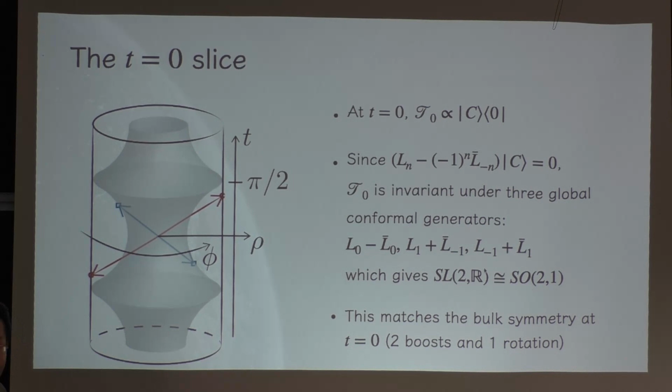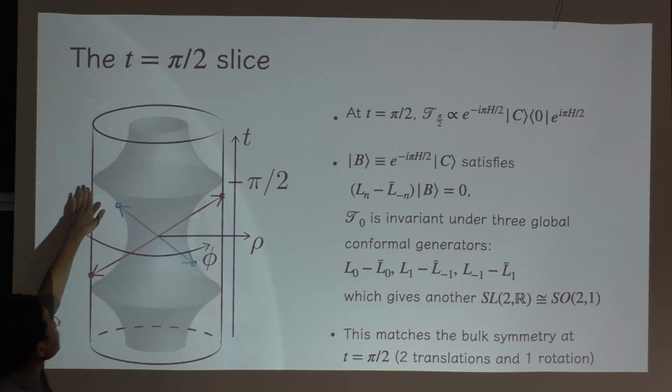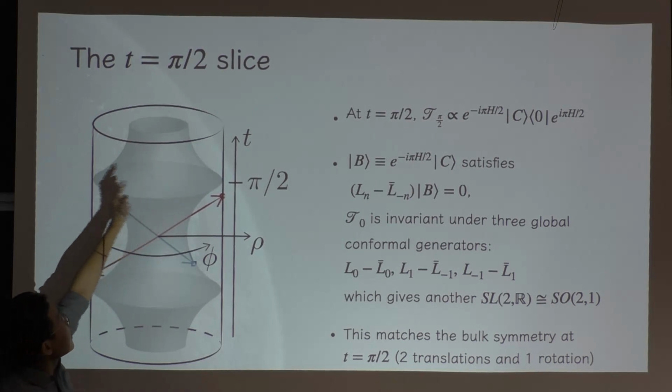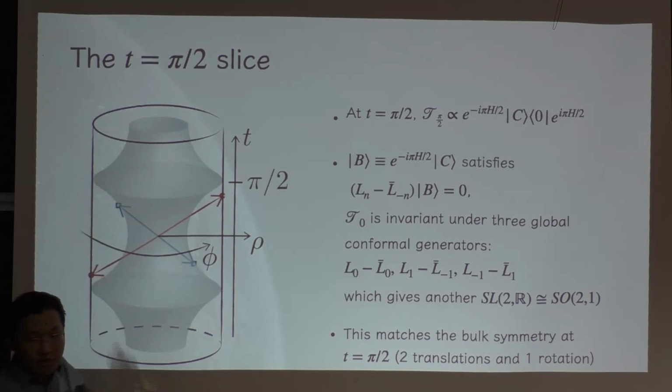Let us then look at a slightly non-trivial time slice, where we take t equals pi over 2. t equals pi over 2 is the time slice where the dS end of the world brane touches the asymptotic boundary, and it's very singular. Then, according to our proposal, the CFT dual is given by a combination between a time evolved crosscap state and a time evolved ground state.